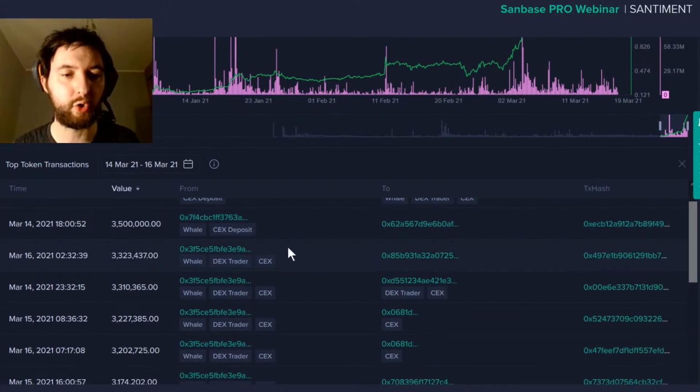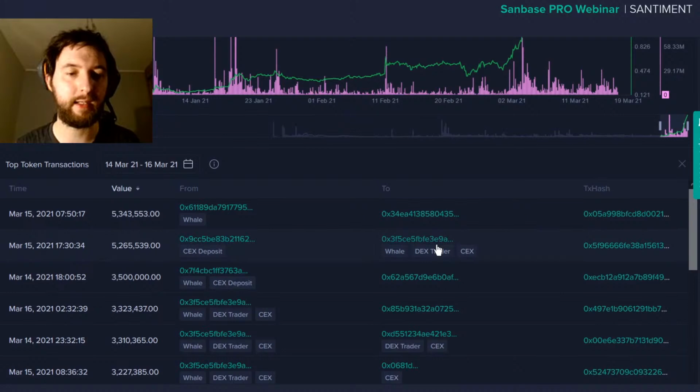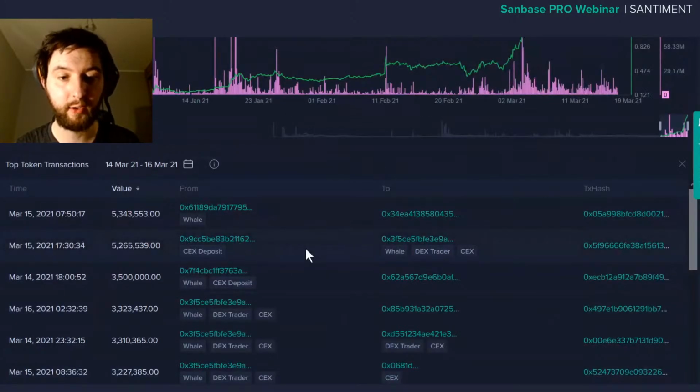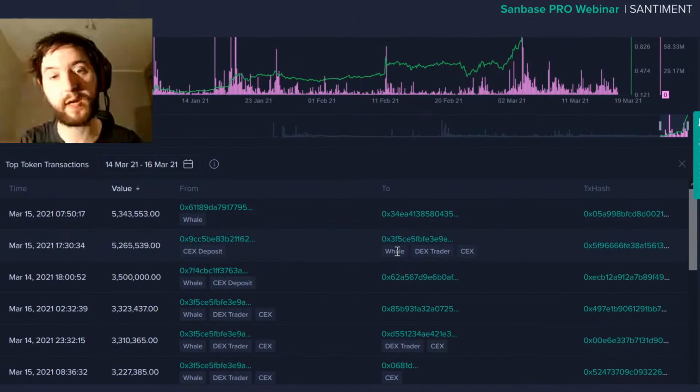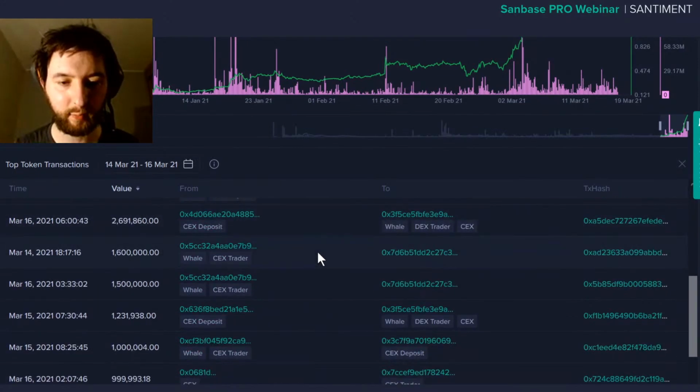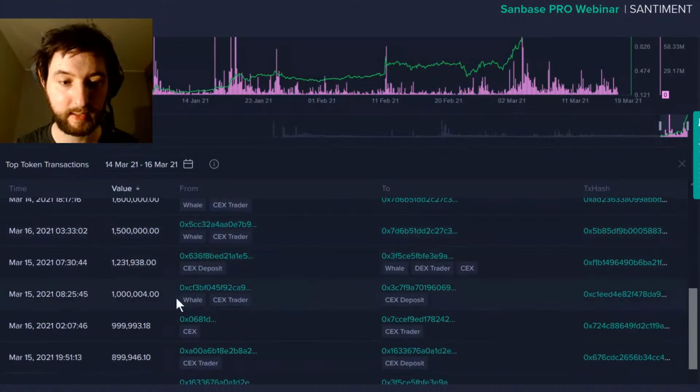And then the other pattern that I like to see is a transfer from an address that is labeled as a centralized exchange trader, or CEX trader, to a CEX deposit, which is the first line in that move of trader to deposit to a centralized exchange, right? So the address that I found that was very interesting, I believe, is this one. There we go.